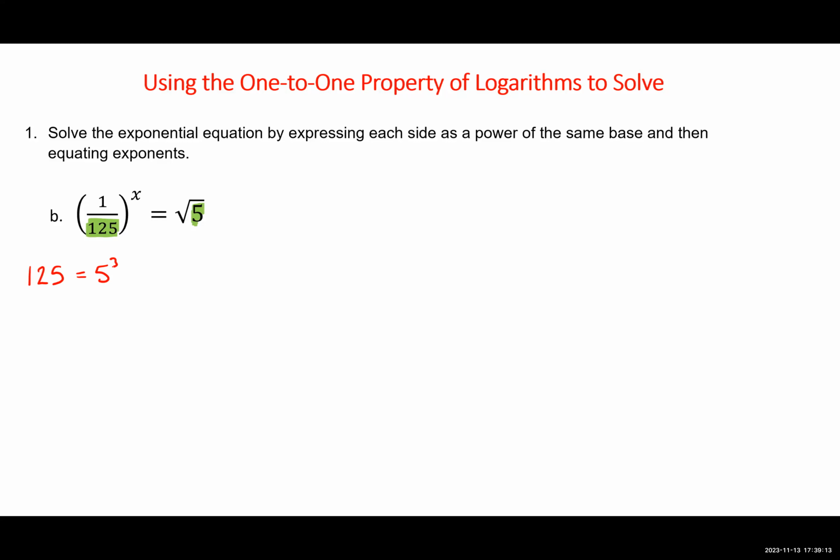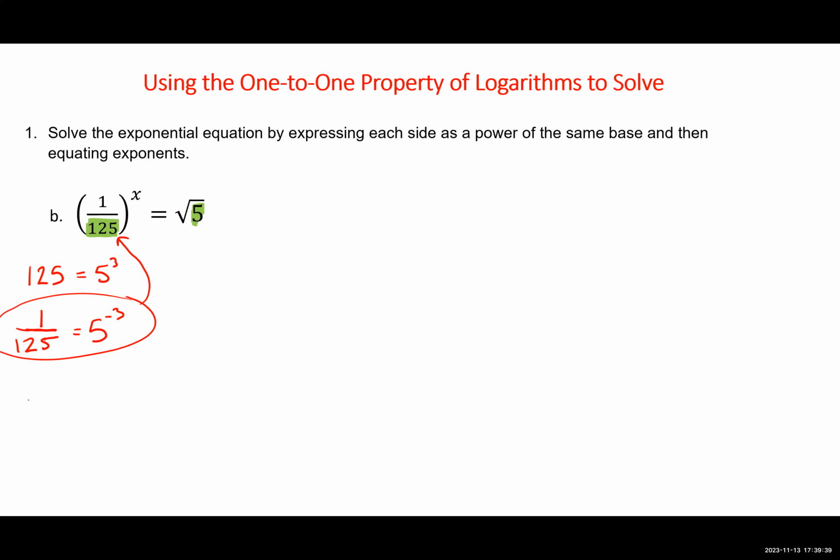And then we have a property of exponents. A negative exponent means reciprocal. So if 125 is 5 to the third, then 1 over 125 is equal to 5 to the negative third. All right, so we'll use this on the left side.